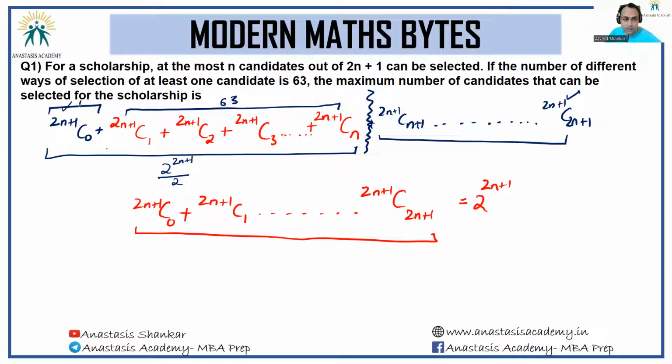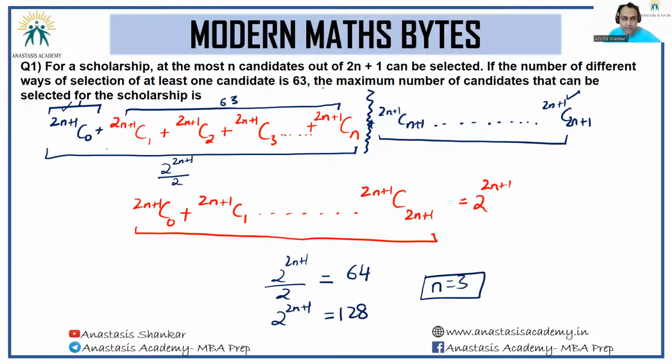We know this is equal to 1. So can I go 2 raised to the power 2n plus 1 by 2 is equal to 64, 63 plus 1, or 2 raised to the power 2n plus 1 is equal to 128, or n is equal to 3.